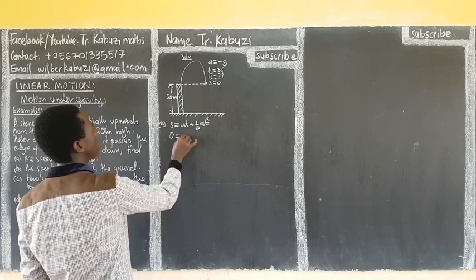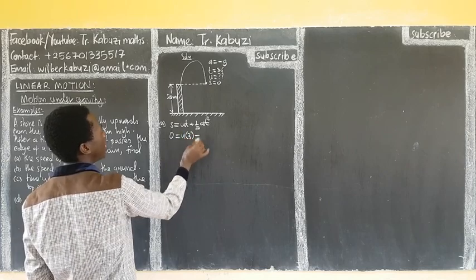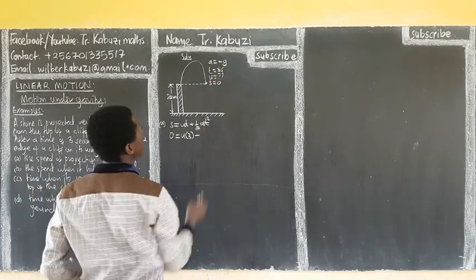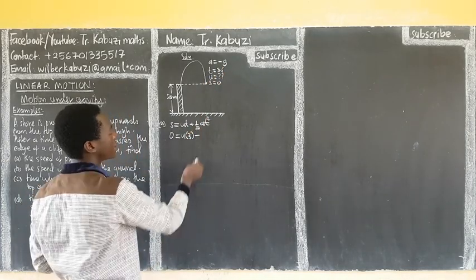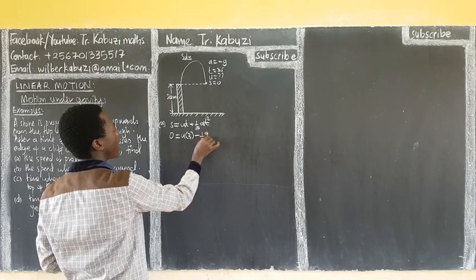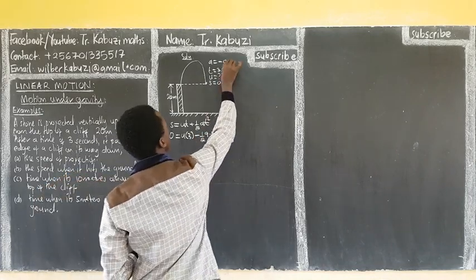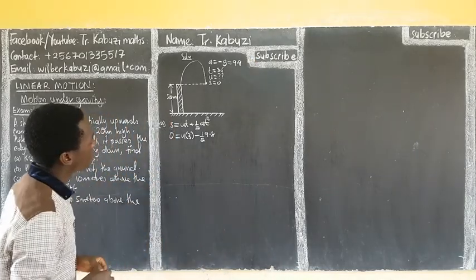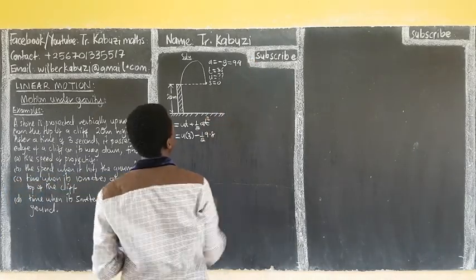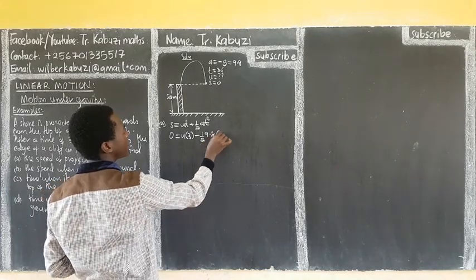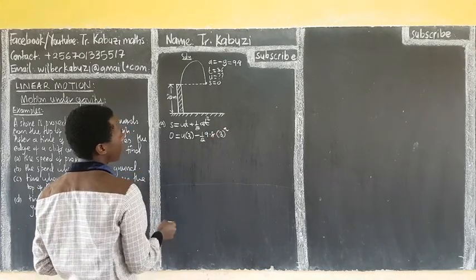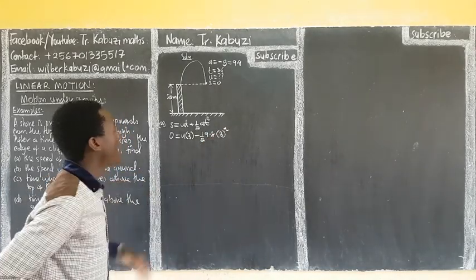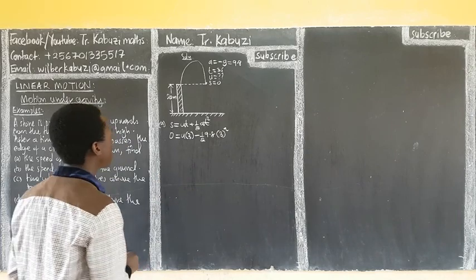Our initial speed u is what we are looking for. The time is 3. Because acceleration is negative, we put the negative here: 9.8 meters per second squared, and time is 3 squared. Simplifying from here, you can get the answer straight away.